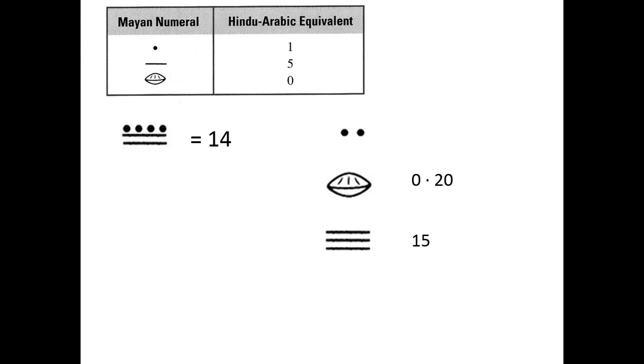And the next place above that represents, remember, not 20 times 20s, it's 20 times 18s, or 360s. So we have 2 dots, that's 2 ones, so 2 360s, which means the value to us of this number is 735.